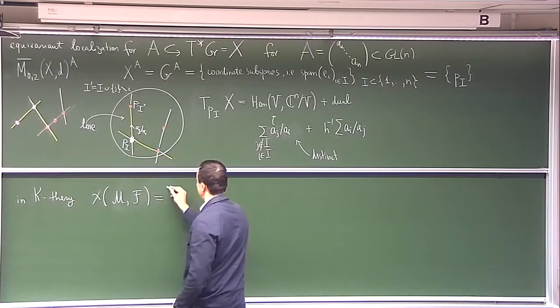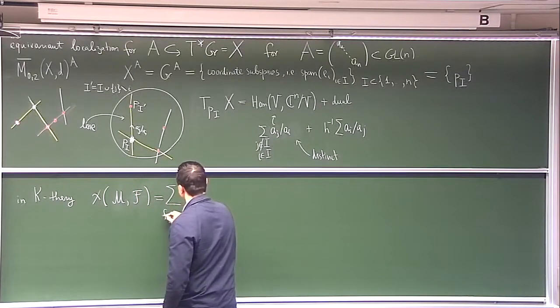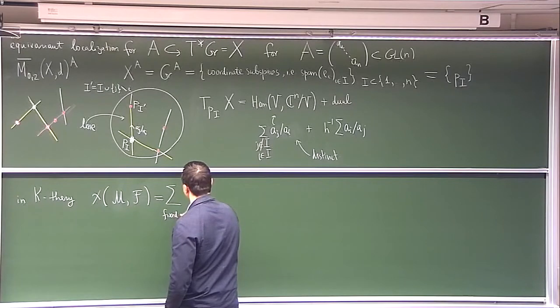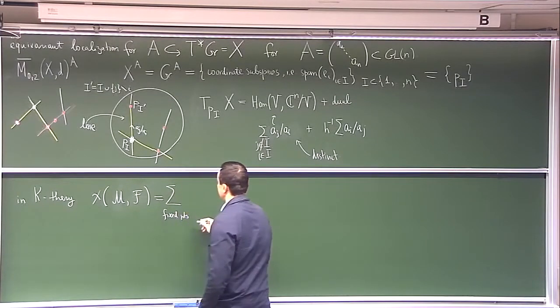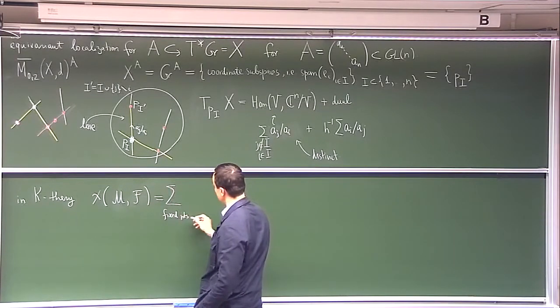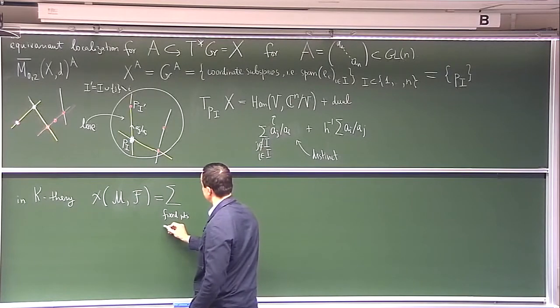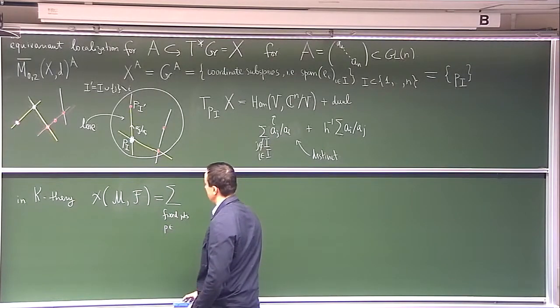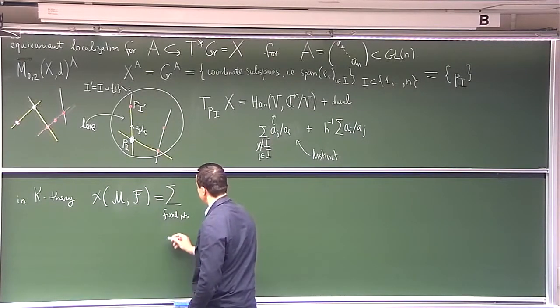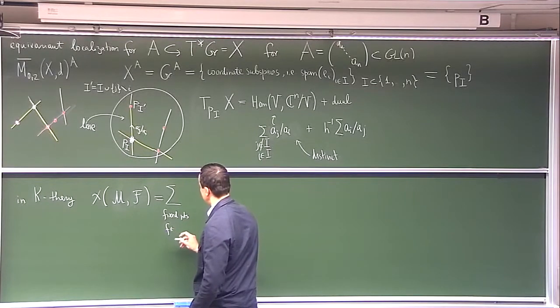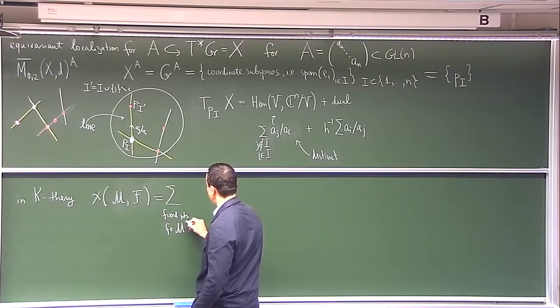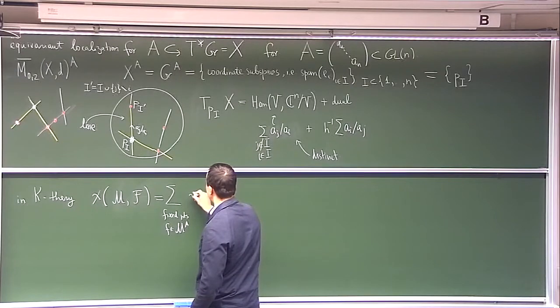So we sum over fixed points. Let's assume the fixed points are isolated. So the fixed points F in the moduli, you compute the Euler characteristic.